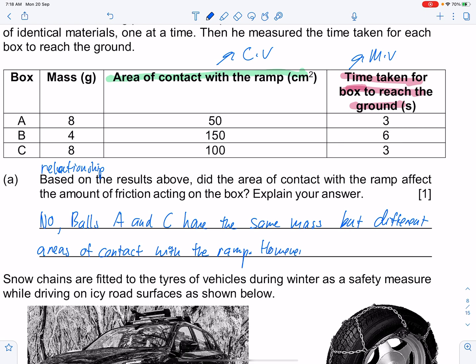However, they both took the same time to reach the bottom of the ramp.